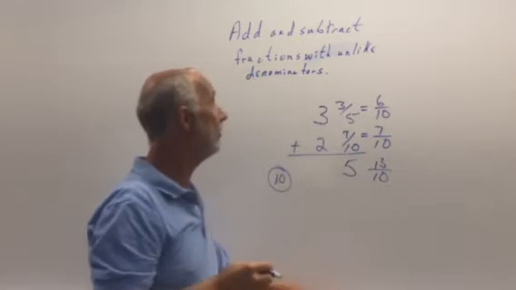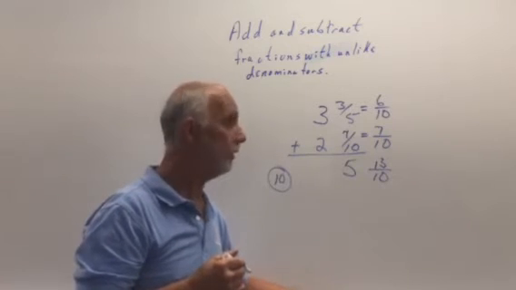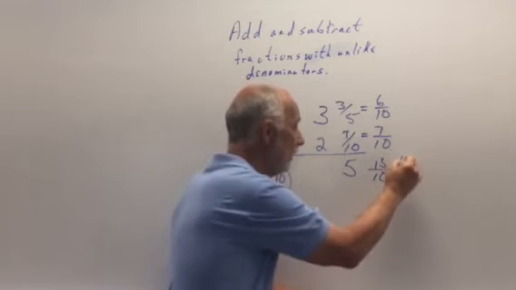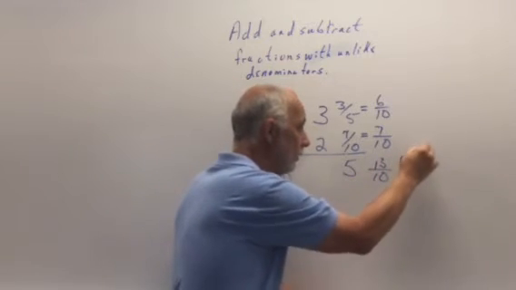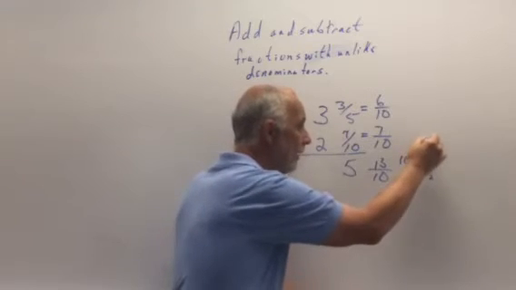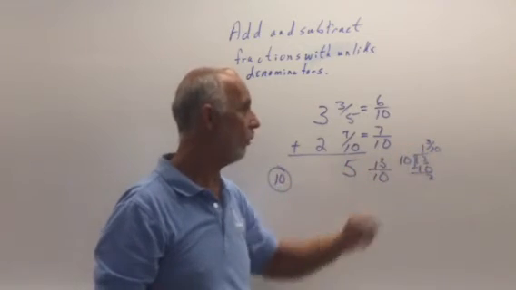And that's my answer, but unfortunately it's wrong, because it's improper. 13 is bigger than 10, so I divide 10 into 13, it goes once. 1 times 10 is 10, remainder 3, and my fraction becomes 1 3/10. But 5 13/10 cannot equal 1 3/10.